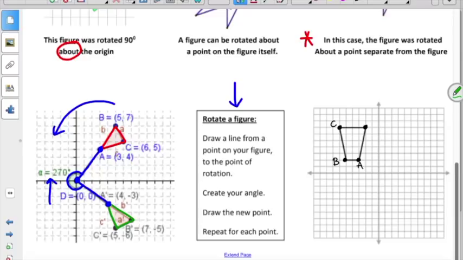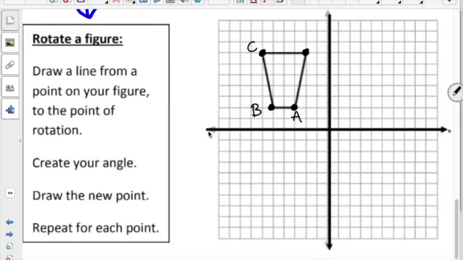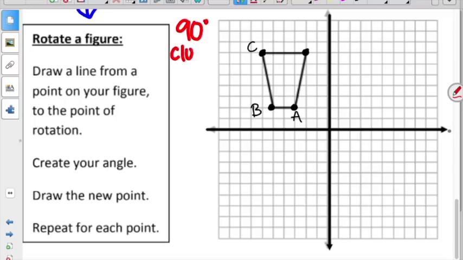So we're going to start with point A. We're going to draw a line from point A to the origin. And then we're going to make a 90-degree angle. It's got to be the same length of a line. And it's got to be a 90-degree angle.